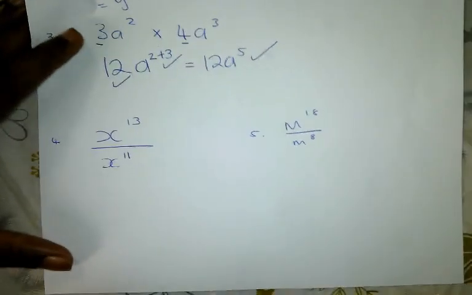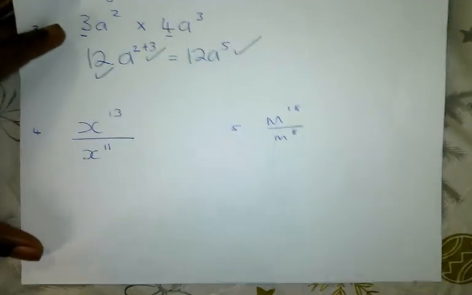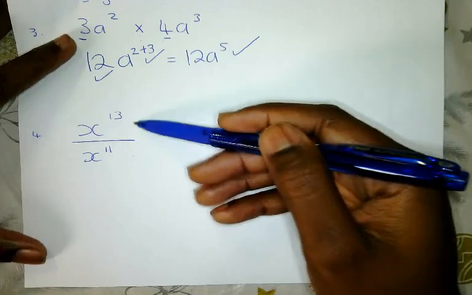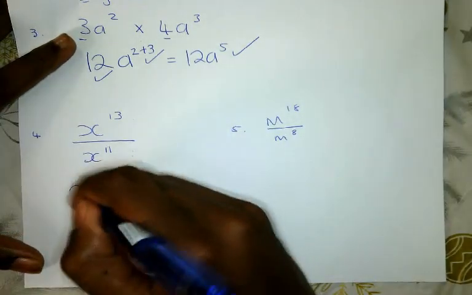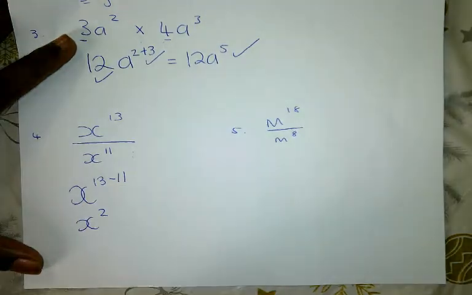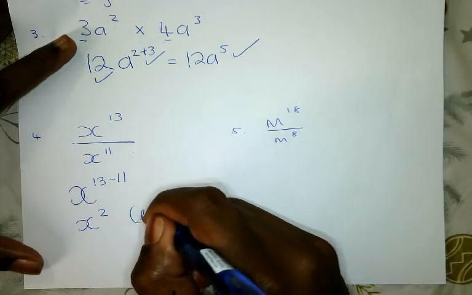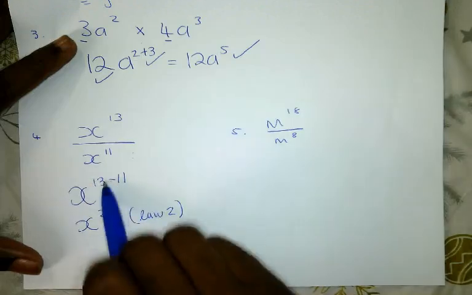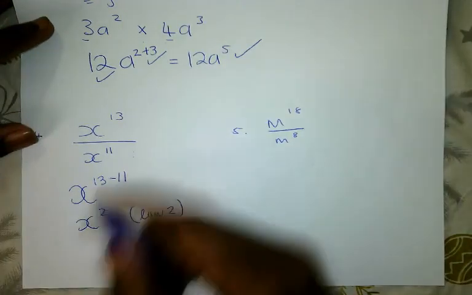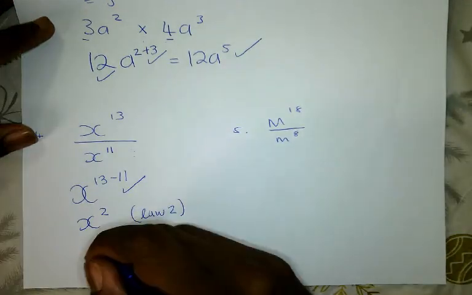And then here, we did law number 2. Law number 2 says when dividing powers of the same base, we subtract the exponents. So what will be the answer? 13 minus 11 will be how much? 2. What law is this? Law number 2 says subtract the exponents. So a mark for method, a mark for an answer.